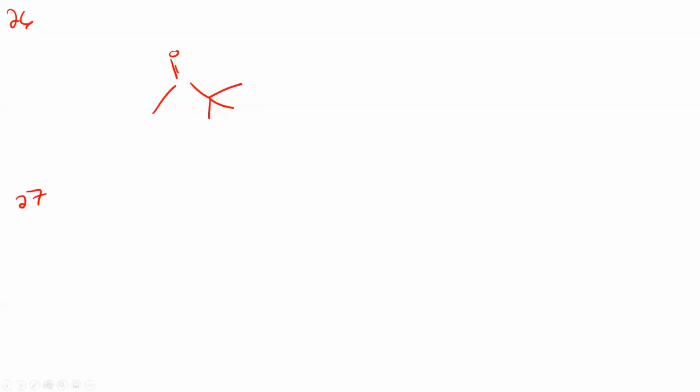27, they want us to draw product A and product B. Well, first we're going to have a ring opening for product A, right? Here's your ring opening step because you had an epoxide. And then we're going to have the toluene-Dean-Stark apparatus for product B. So let me think about that one.